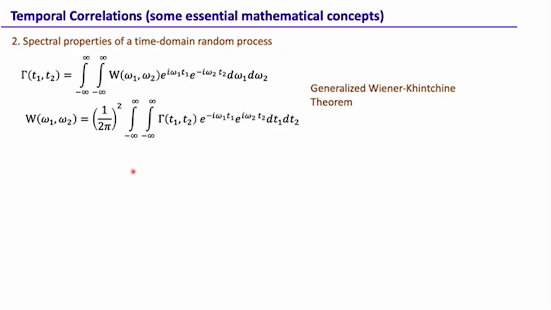I'm just rewriting it here. There's nothing new. Now, this cross correlation function is the correlation in time, and the cross spectral density represents the correlation between frequencies omega 1 and omega 2. For the function that represents correlation between times t1 and t2, one can define the degree of temporal coherence, and the way it is defined is as follows.